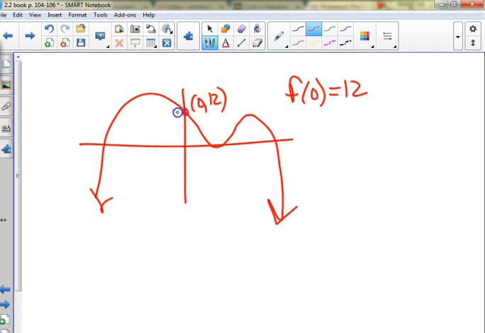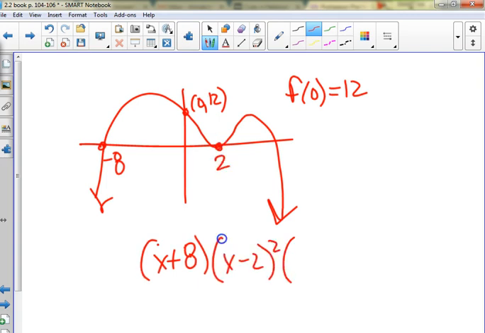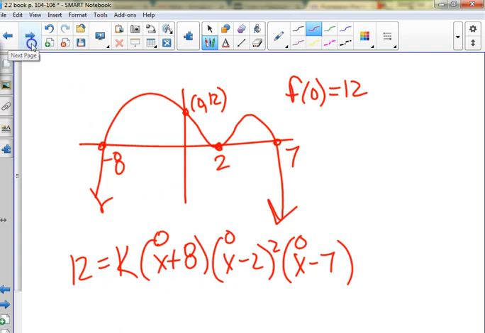That's putting to find it. So if this was -8, you'd have x plus 8. If this was +2, you'd have x minus 2 squared because of the bounce. If that was 7, you'd have x minus 7. And then you'd have to put in a 12 and a 0 for all of these to find your k. Does that seem okay now? Okay, try that. If you're having trouble still, let me know. Anybody else?